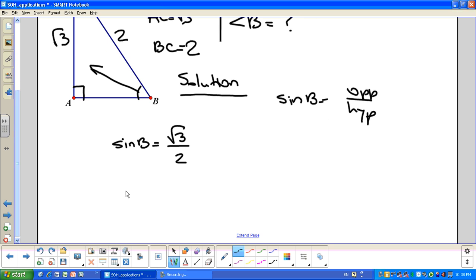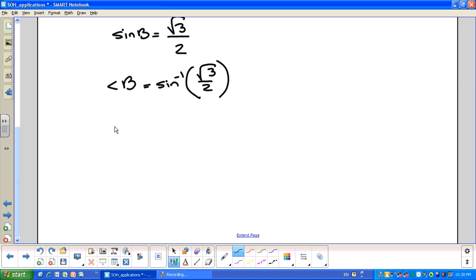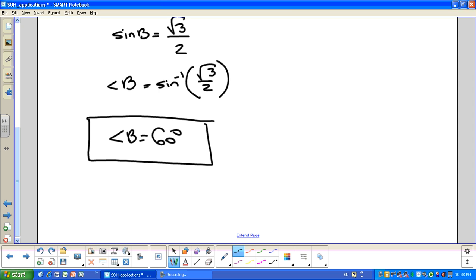The measure of angle B will be given by sine to the negative 1, the inverse function, of square root of 3 over 2. Now don't be scared, because this is something that you have on your scientific calculators. So if you use the sine to the -1 on your calculators, you will see that angle B is 60 degrees, which we wanted to find.